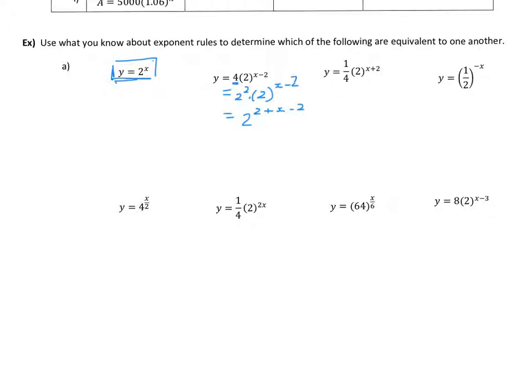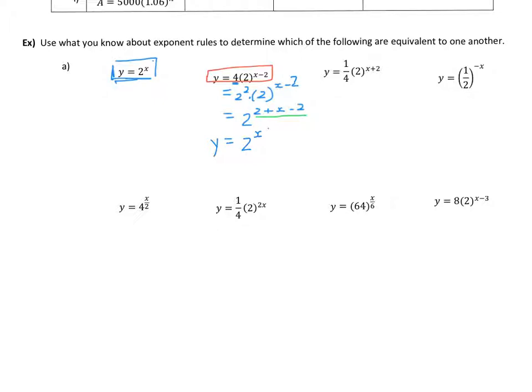All right, now if I simplify that exponent, I have 2 plus x take away 2. Well, if I have 2 and I take away 2, they undo each other, and I'm just left with 2 to the exponent of x. So this one, y equals 2 to the exponent of x, is the same. So this one is equivalent. Okay, this original function is equal to y equals 2 to the x.